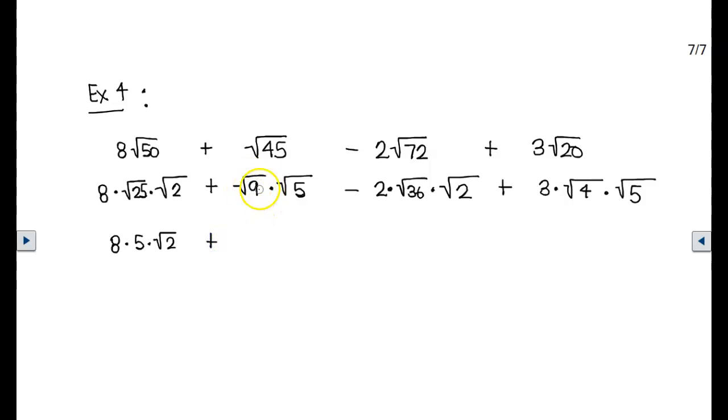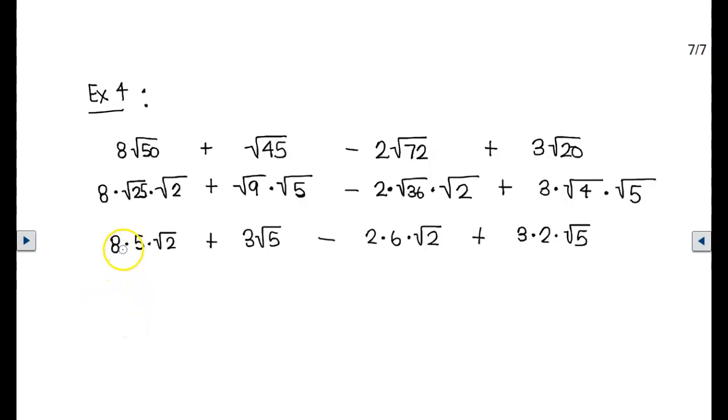Plus, I know the square root of 9 is 3. So that's going to be 3 square roots of 5. Square root of 36 is 6, so that's going to be 2 times 6 times the square root of 2. Square root of 4 is 2, so that's going to be 3 times 2 times the square root of 5.